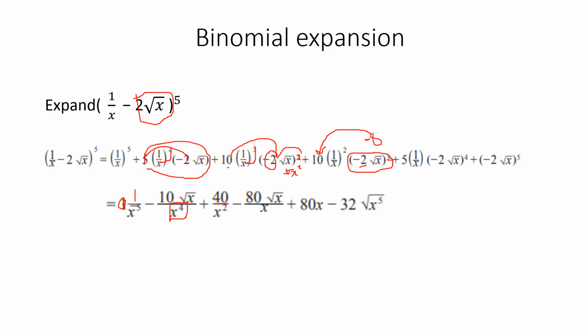And then this square is going to give us 1 on x squared, but we have 3 of them, right? So when we simplify, we have root x on x cubed.